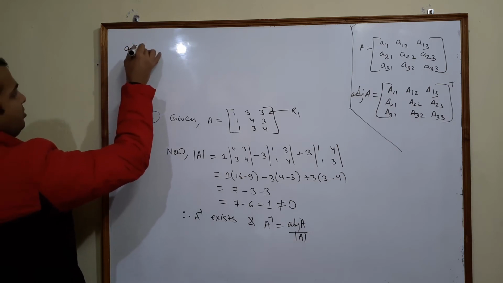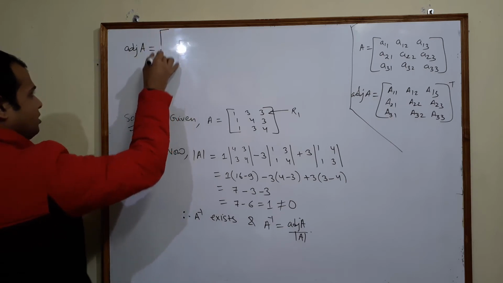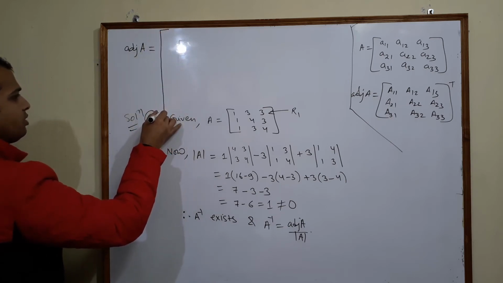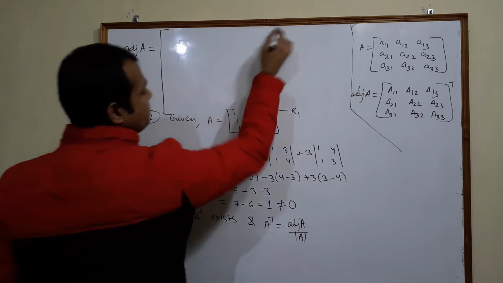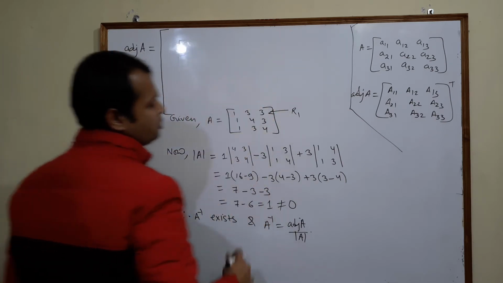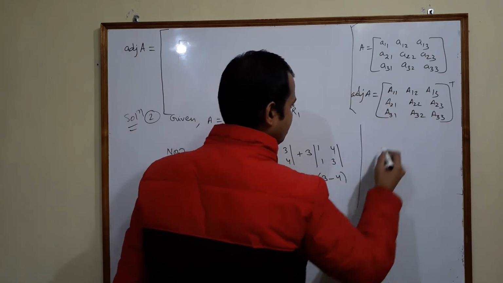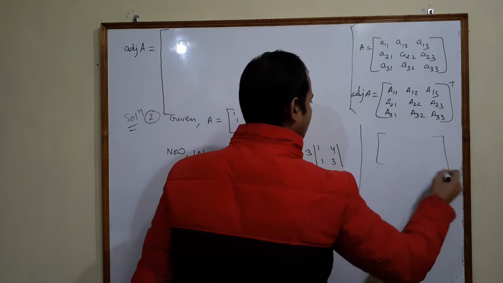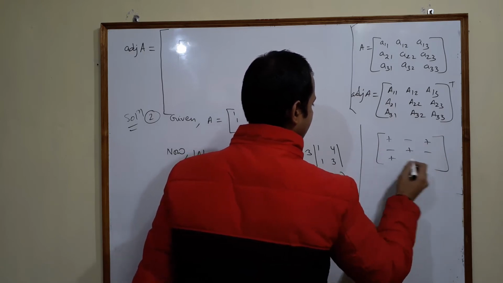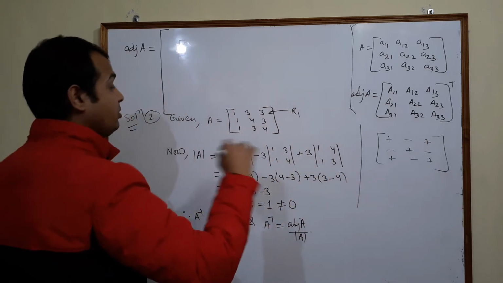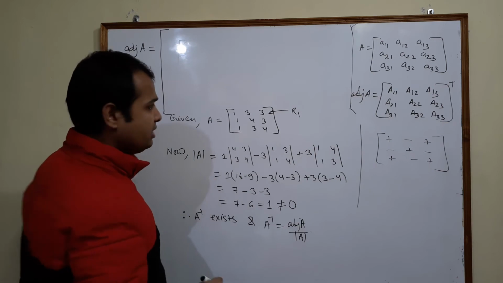Adjoint of this will be, the best way to write is, firstly, in order to find the adjoint you have to remember this pattern: plus minus plus, minus plus minus, plus minus plus. This will be helpful. How many elements are there? 9 elements.